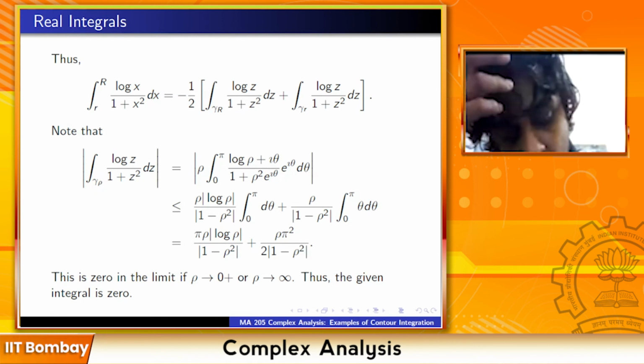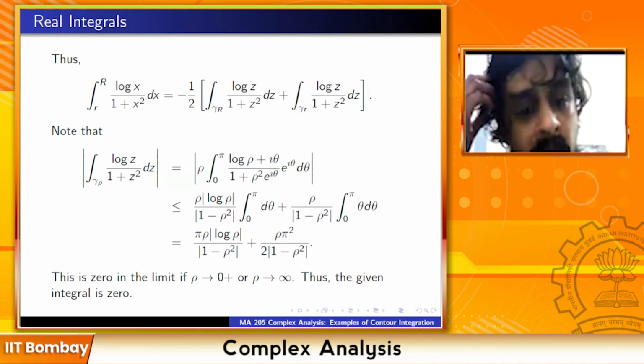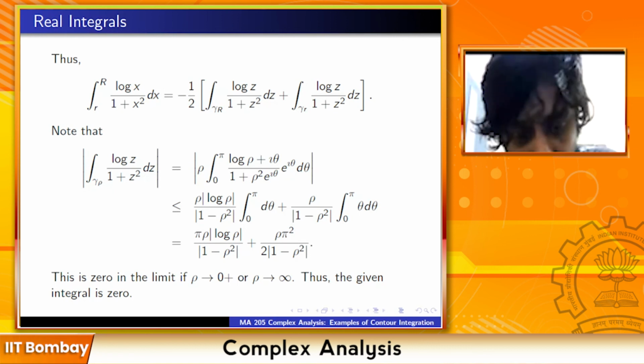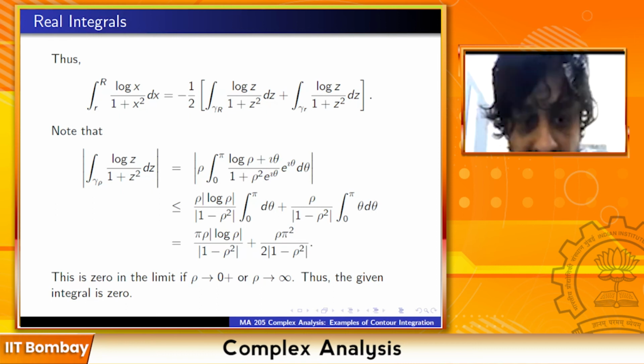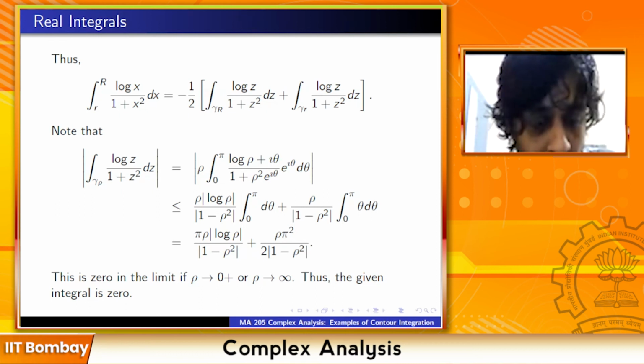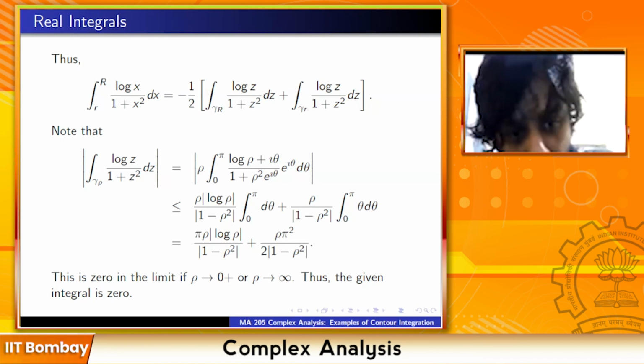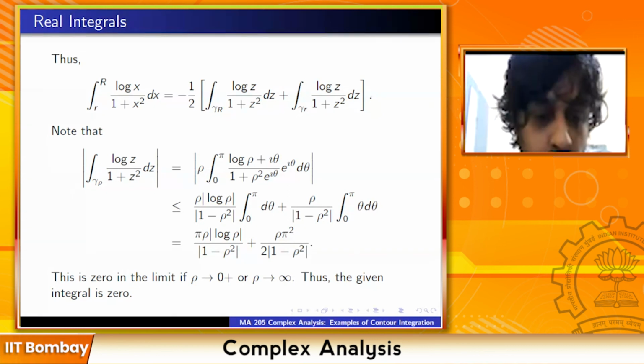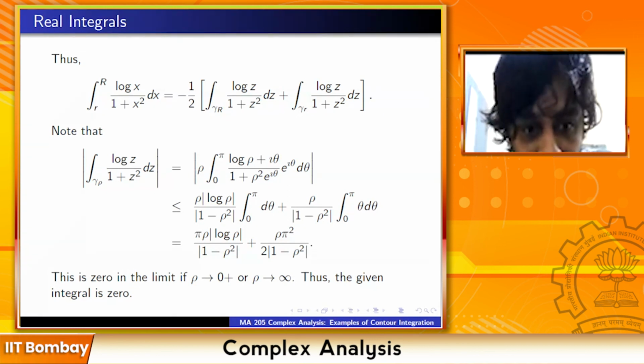When rho tends to infinity, the denominator is quadratic and in the second term the numerator is just rho. So rho upon 1 minus rho square will go to 0 as rho tends to infinity. In the first term, you have rho times modulus of log rho upon 1 minus rho square. Rho times modulus of log rho will go to infinity slower than anything quadratic, because log rho tends to infinity slower than any linear term.